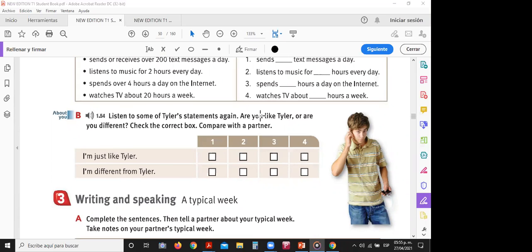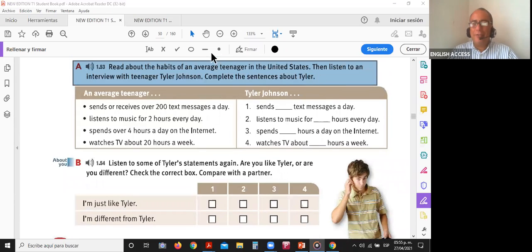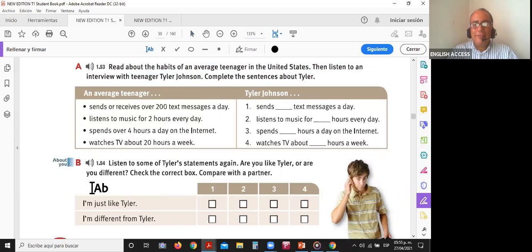Yes. ¿Qué significa "the same"? The same? Okay, very good question. The same means similar, means equal, or in Spanish, lo mismo. It's equal, it's the same, it's similar.